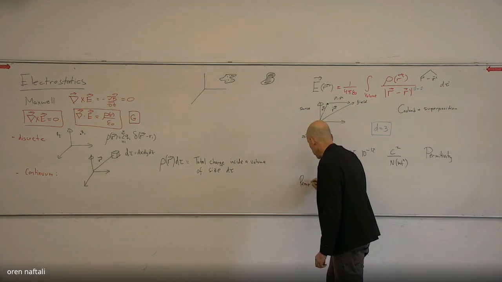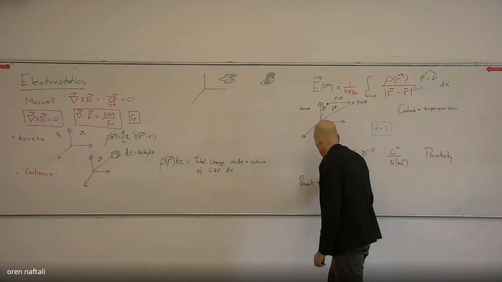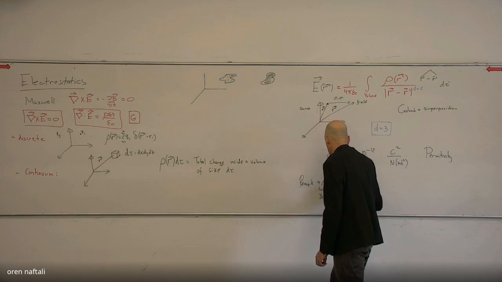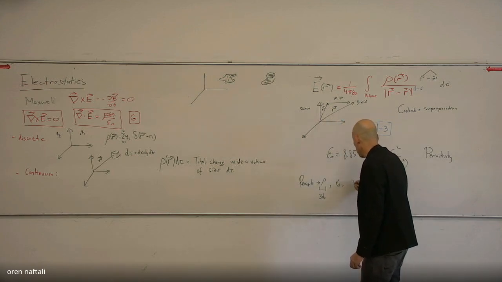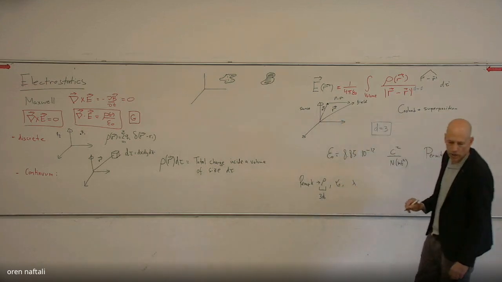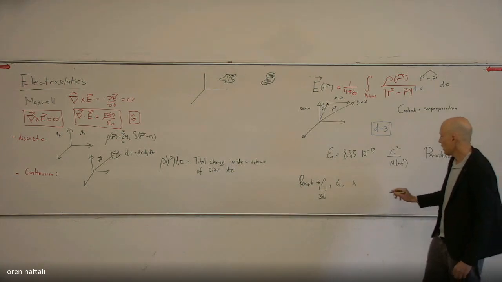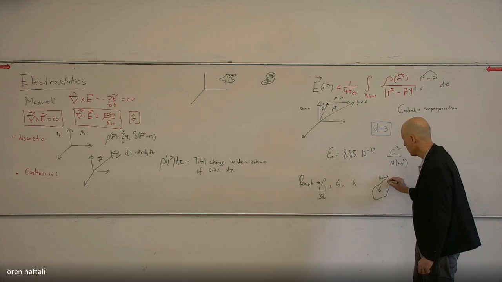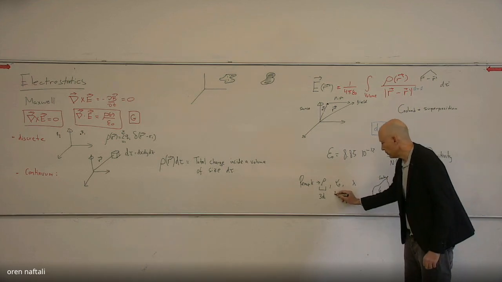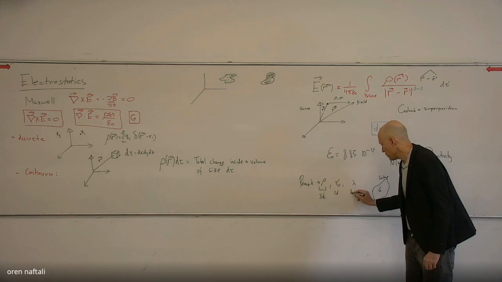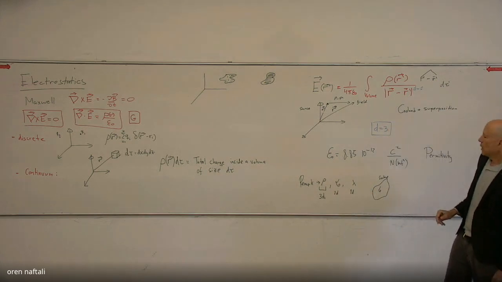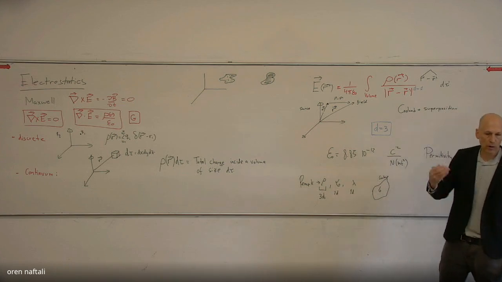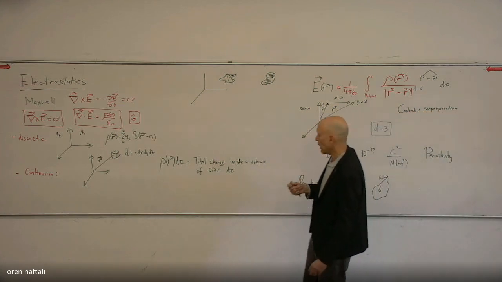We don't need only rho. That rho is denoted in 3 dimensions, but we can have sigma and we can have lambda, and these are all charge densities. Sigma is for a surface and has units of charge over meter squared.